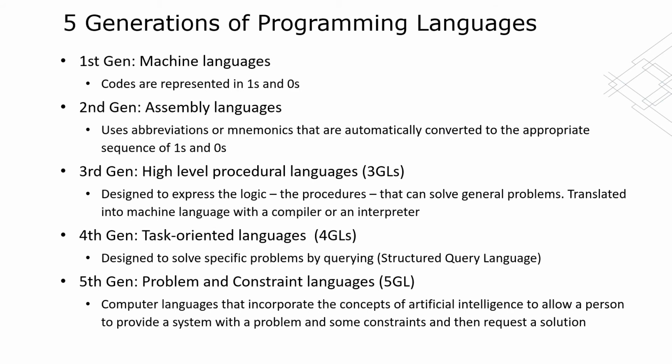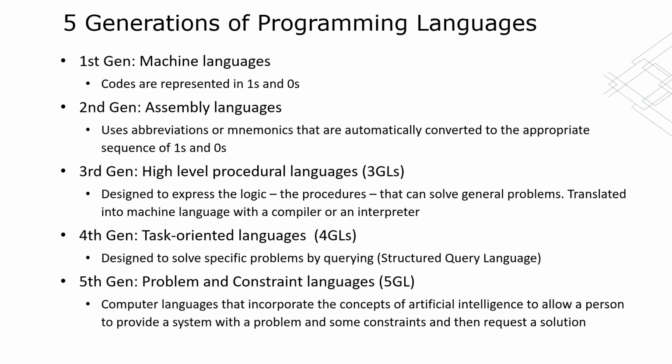There are 5 generations of programming language. The first generation is machine language. Codes are represented in ones and zeros. Keeping in mind that computer only understand 1 as on and 0 as off. So in the old days, the first generation machine language was written in ones and zeros.